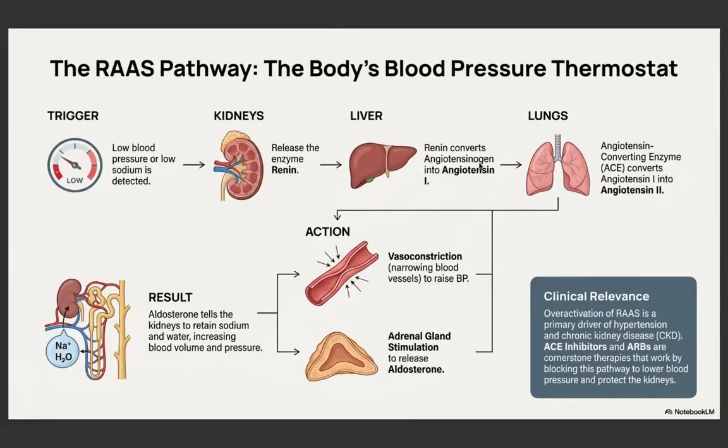And then after being converted to angiotensin 1, we're going to go over to the lungs, where the lungs have angiotensin converting enzymes in it to produce angiotensin 2, which causes vasoconstriction. And then it stimulates the adrenal gland to release aldosterone. And that whole pathway is how we get the vasoconstriction that causes the increase in blood pressure.